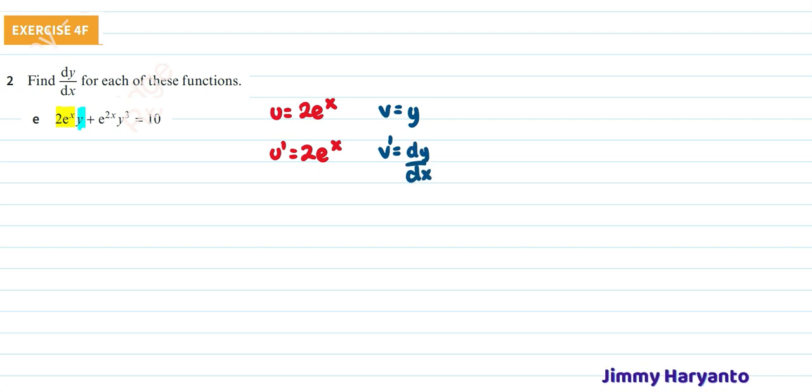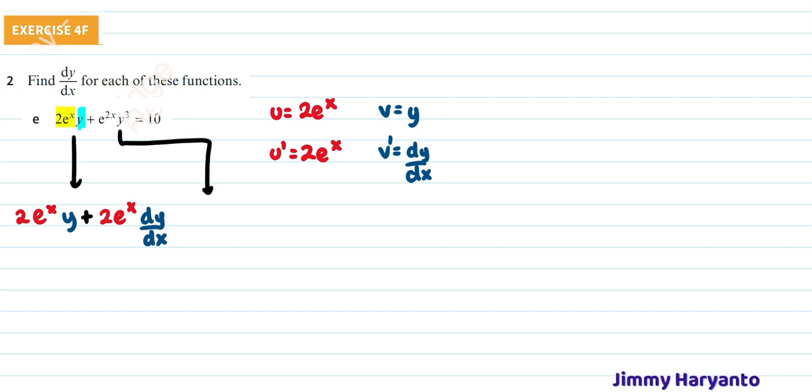Okay, use the formula u prime v first. U prime means 2e^x times v, v is y, and then plus uv prime, u, and then v prime is dy over dx. That is for the first, and then for the second one, we have to use uv one more time.